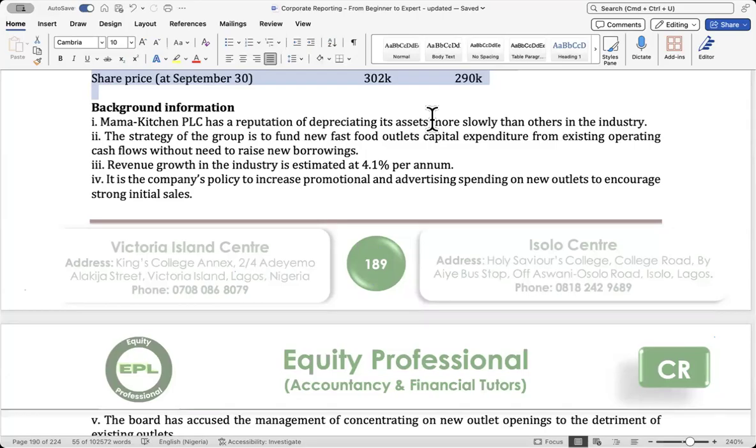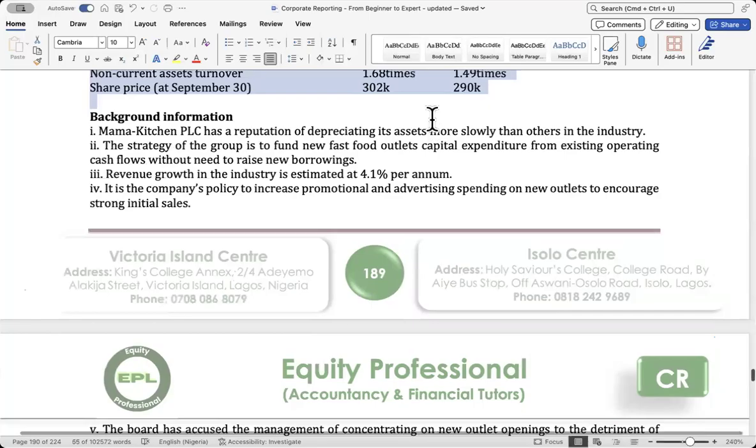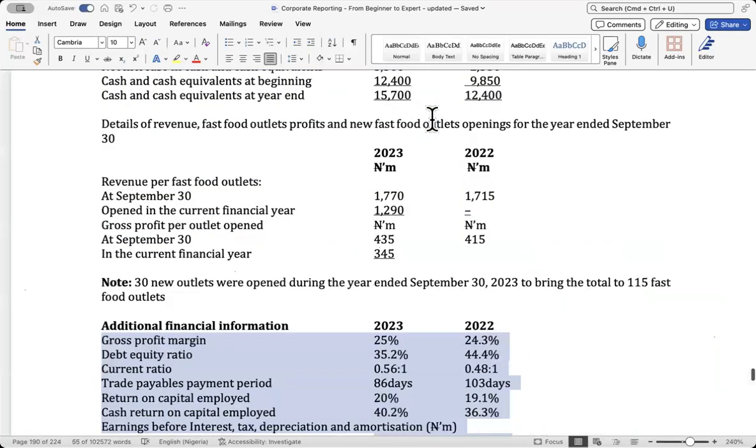Number two, they said the strategy of the group is to fund new fast food outlets' capital expenditure from existing operating cash flows without the need to raise new borrowings. They also said revenue growth in the industry is estimated at 4.1%.